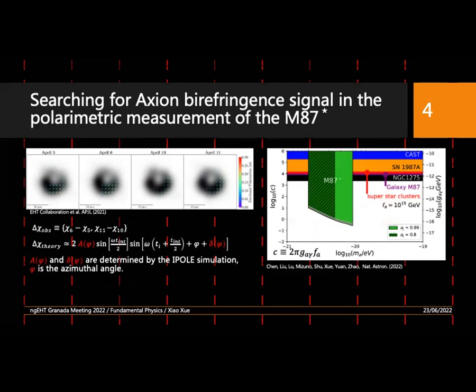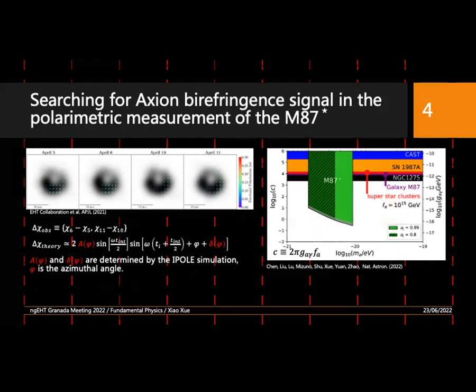Here, A, phi and delta phi are the amplitude and the difference of the initial phase in the simulated data set, and phi is the azimuth angle. We compare the observation data, delta chi OBS, with the delta chi theory, and we can search for the signal, and if we do not find it, we can put a constraint on it.